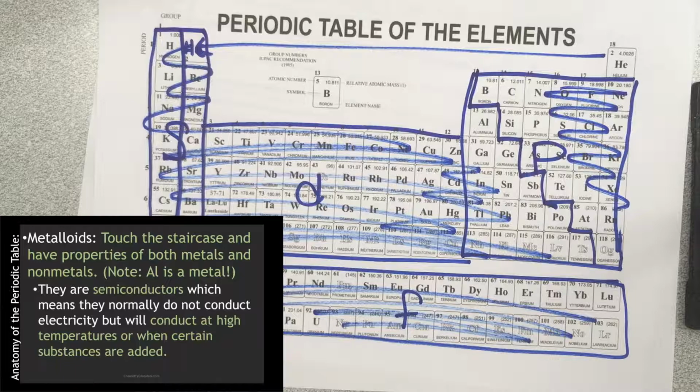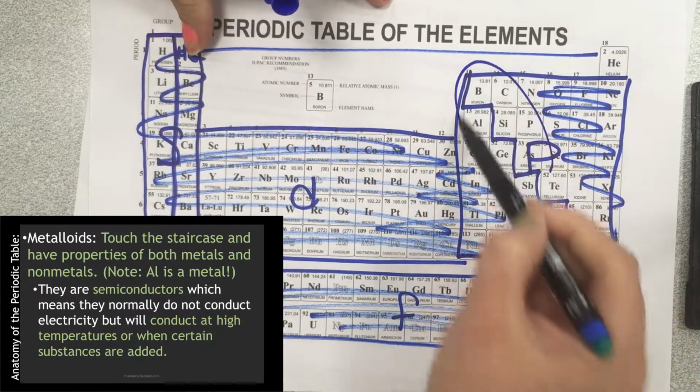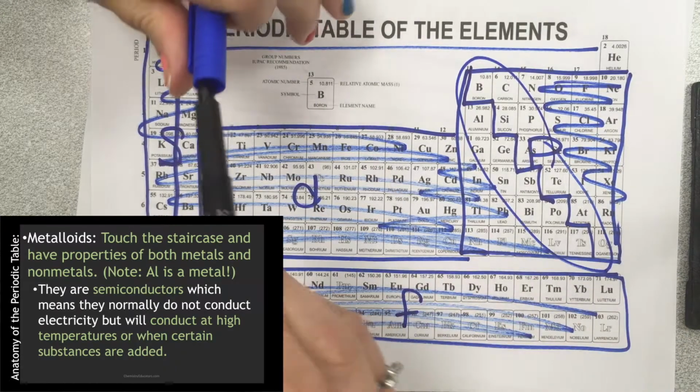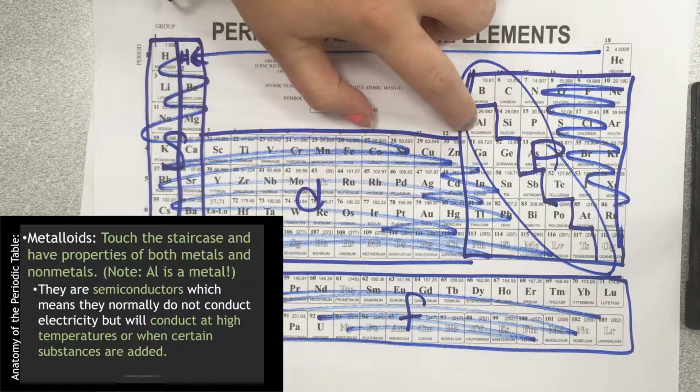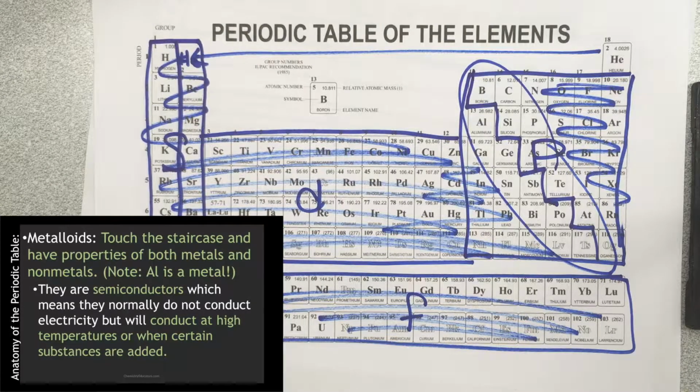All right, metalloids. So metalloids touch the staircase. So basically, these are metalloids. I'll show you in the next slide. But they kind of touch the staircase. Aluminum is definitely a metal. We don't consider that a metalloid. And metalloids are good semiconductors.